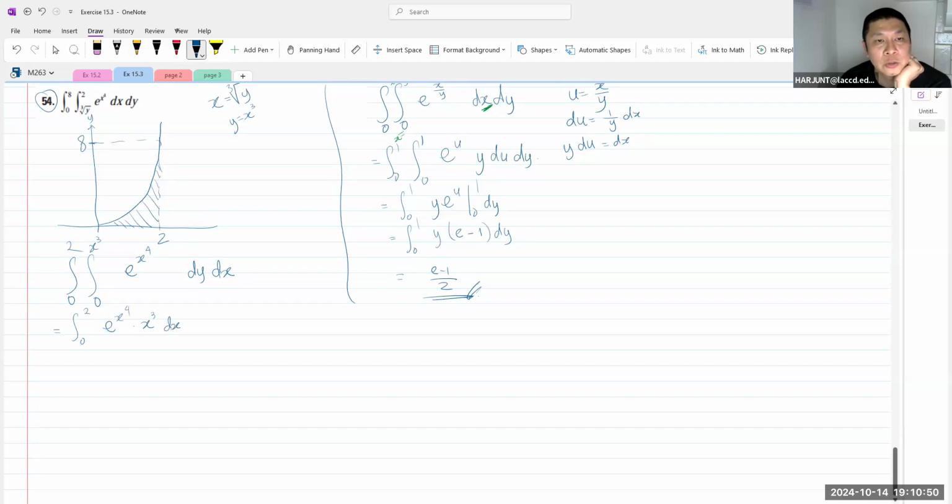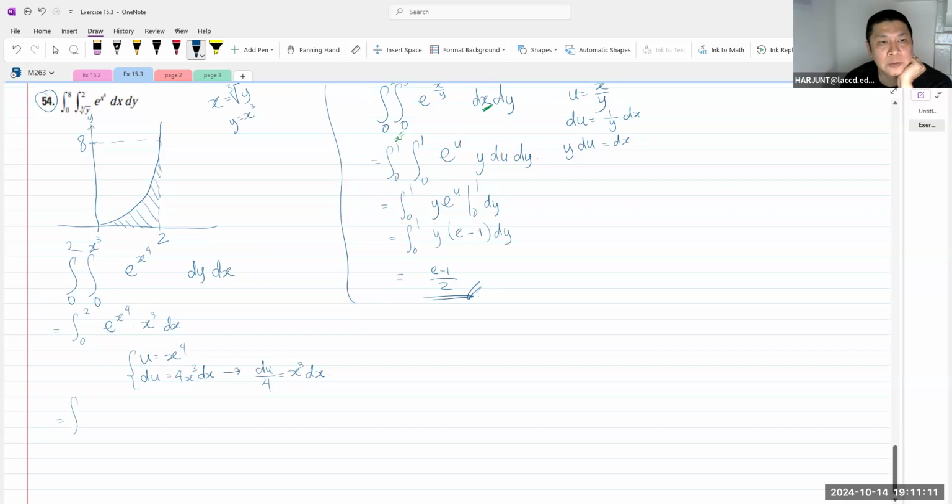And then from here I do substitution, which means du over 4 will substitute x cubed dx.